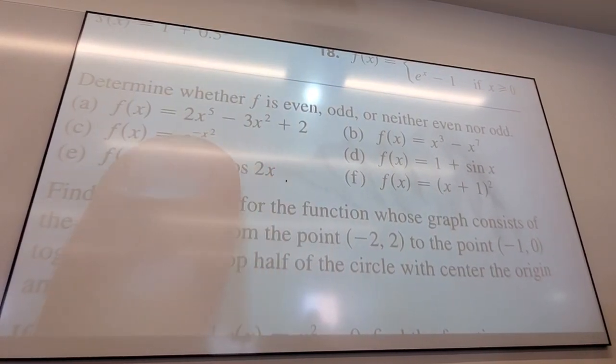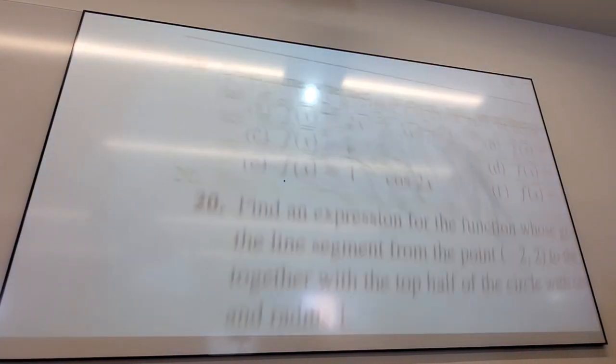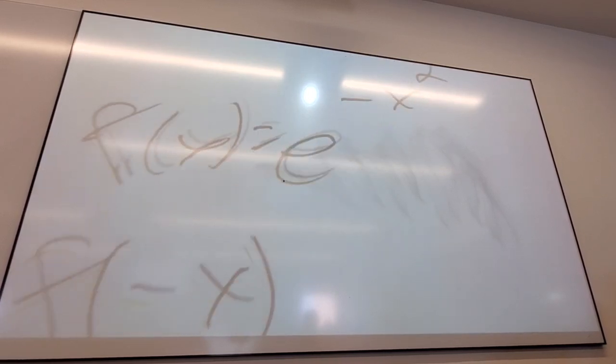It's positive, and the negative outside is still there, so it stays exactly the same. With e to the negative x squared, if I investigate f of negative x, that's what you're going to do for every single one of these problems.